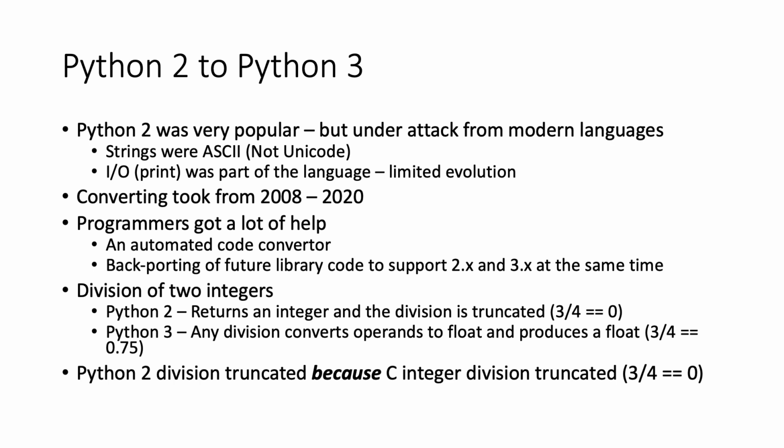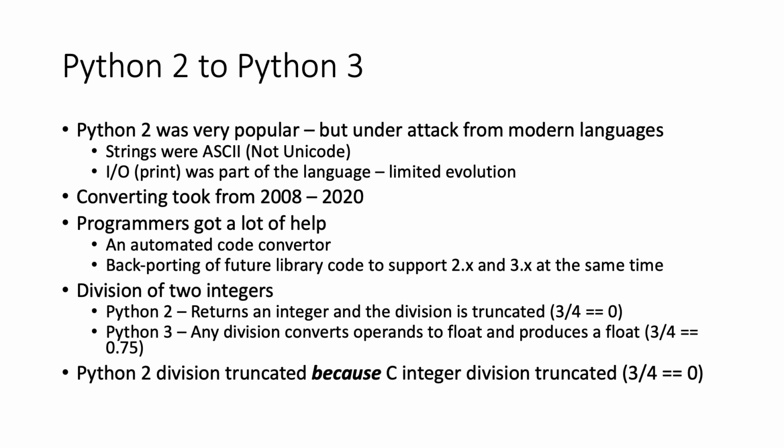The Python 2 division truncated because it didn't seem like it mattered much back in the 80s, and C integer division truncated. So 3/4 in C was 0, and so it was in Python. And 20 plus years later, that was the one thing we couldn't auto-convert, and Python 3 does it the way Python does.